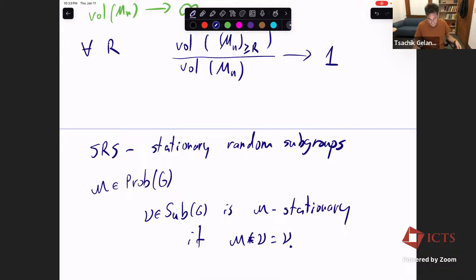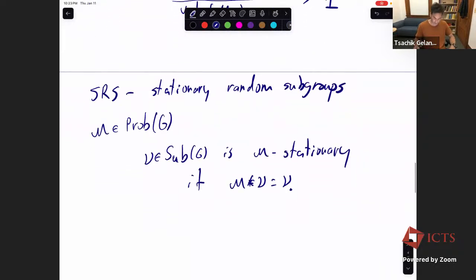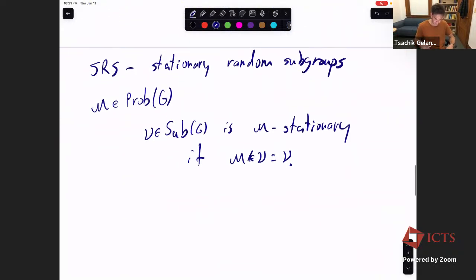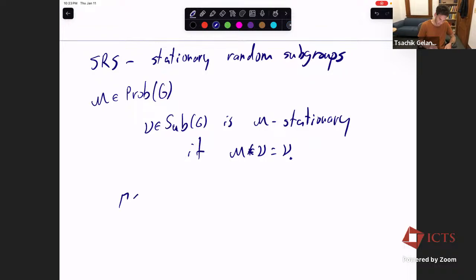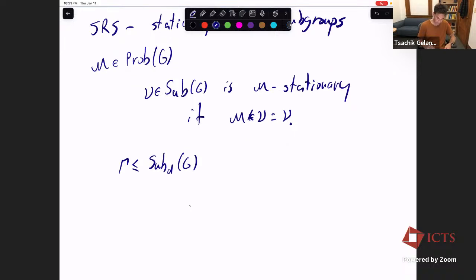And now in some sense any discrete group is associated to some stationary measure, because you can start with Gamma, any discrete subgroup, and look at the Dirac measure on Gamma, and then apply a random walk with respect to mu on the space of discrete subgroups.